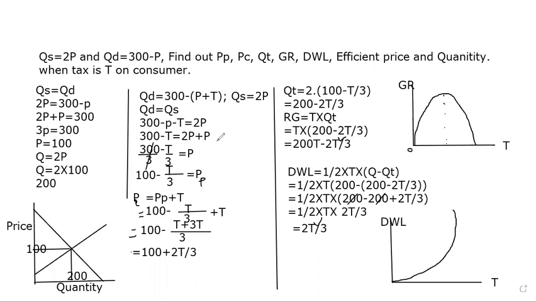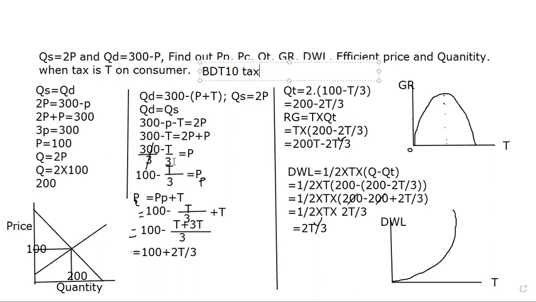These are all the things that we need to find out to calculate the consumer price, producer price, quantity of taxes, government revenue, and deadweight loss. You can also find out this value whenever you use this formula, whenever you have, for example, a tax amount of 10 on the consumer.